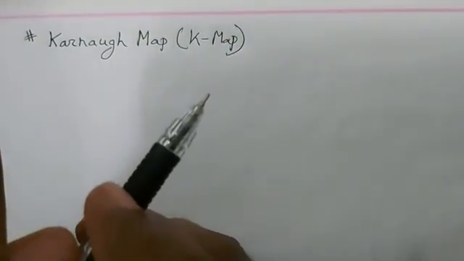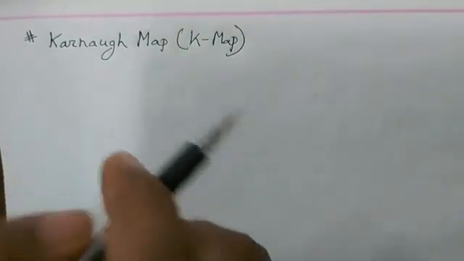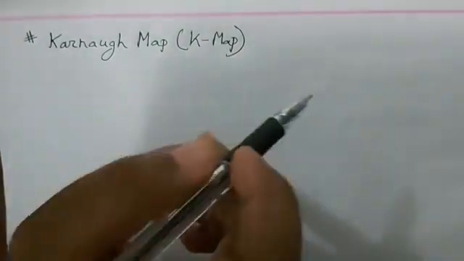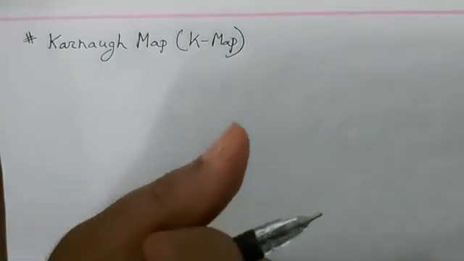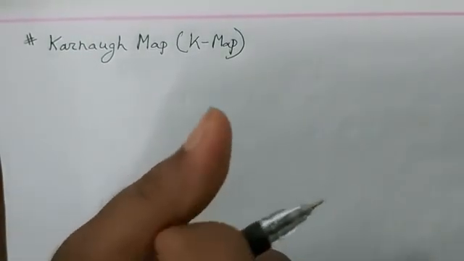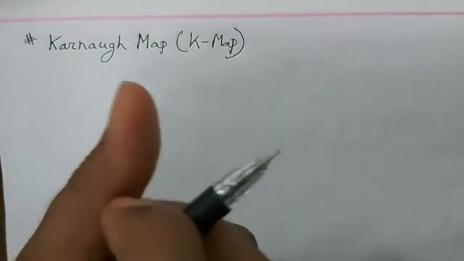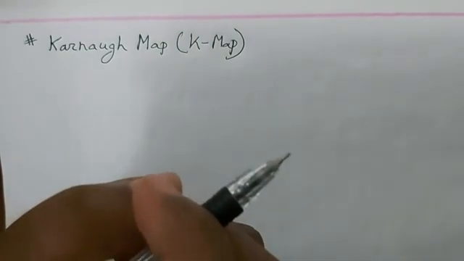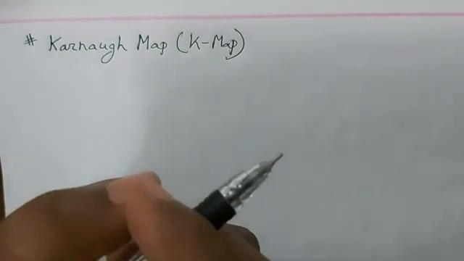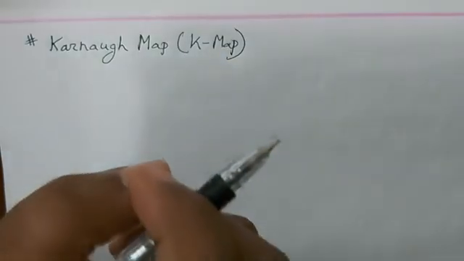So our today's topic is on K-map or Karnaugh map. Okay, so why actually do we need the Karnaugh map? So far, whenever we have simplified a Boolean function, we have used the algebraic process, right? The Boolean algebra and their properties we have used.